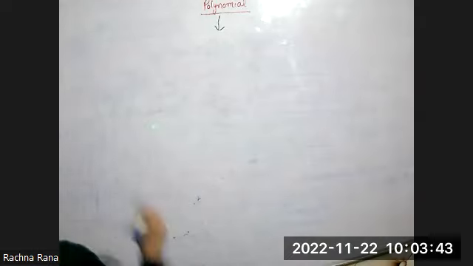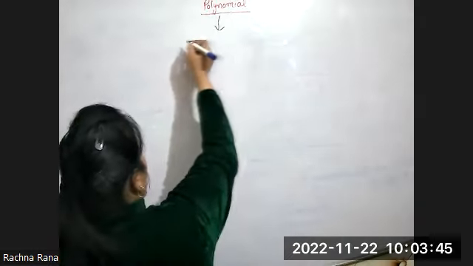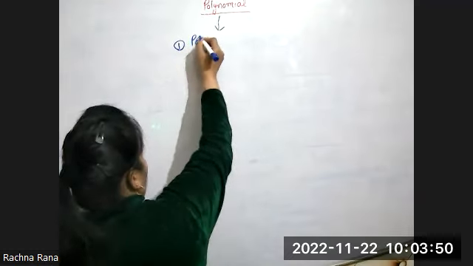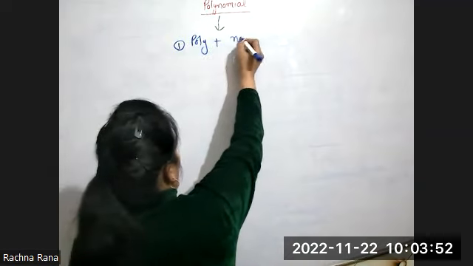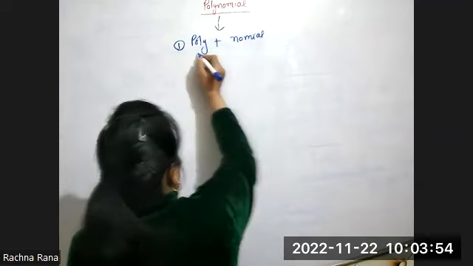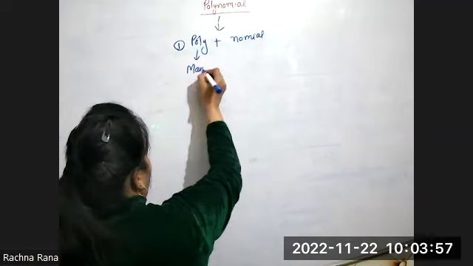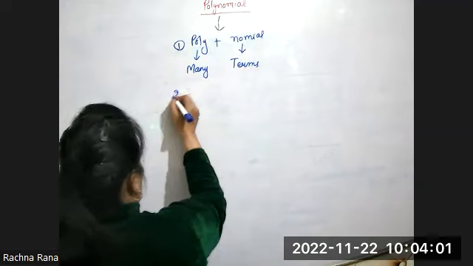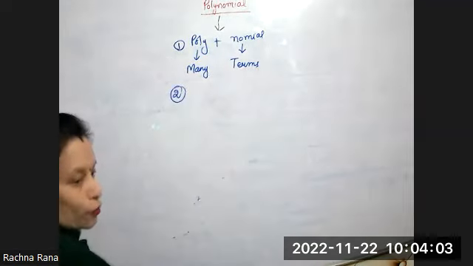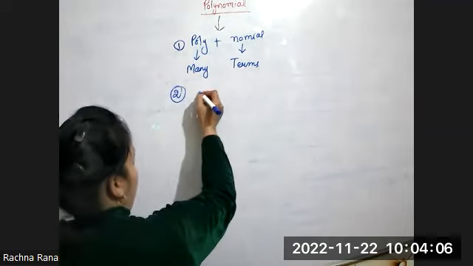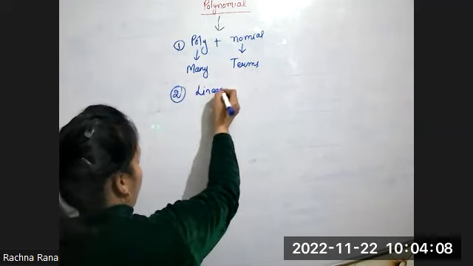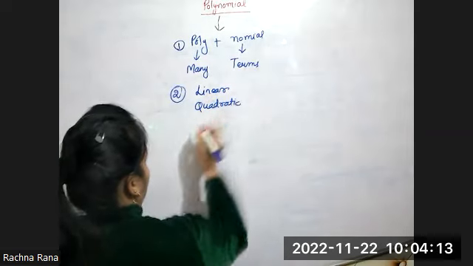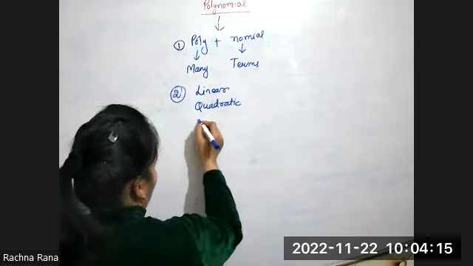In this, we discuss the first point. What do you mean by polynomial? Poly plus nomial. Poly means many, nomial means terms. Then we discuss types of polynomial. There are three types of polynomial: linear, quadratic, and third is cubic.